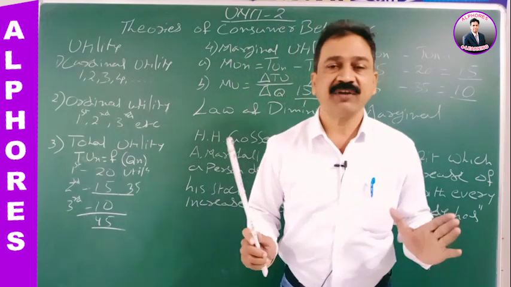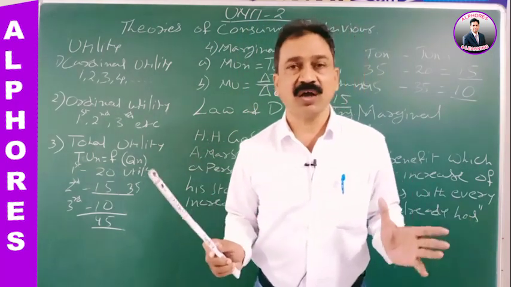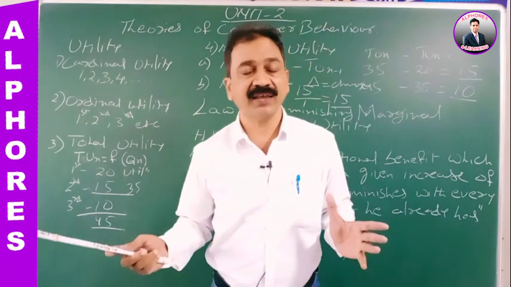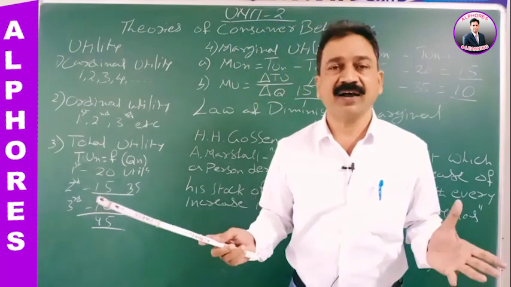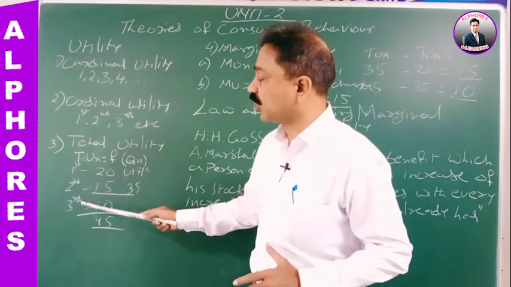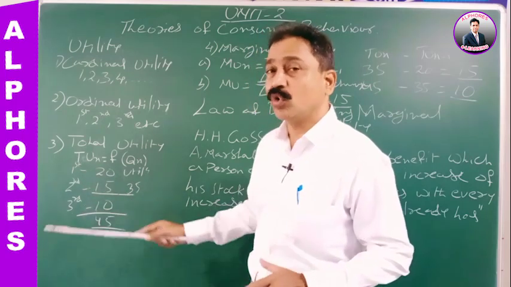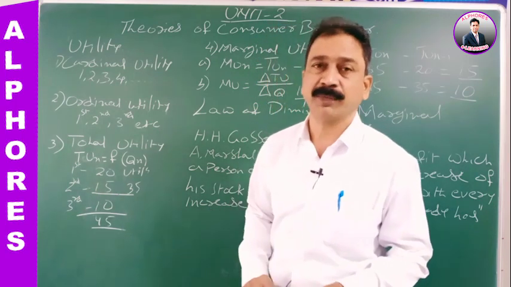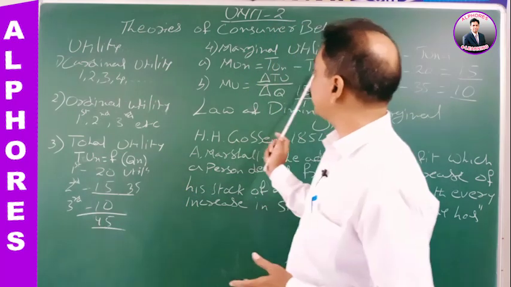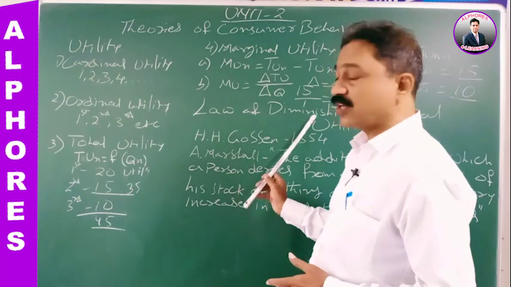The additional benefit which a person derives from a given increase of his stock of a thing diminishes with every increase in the stock that he already has. If you go on increasing the stock, the satisfaction with every increase goes on decreasing step by step. Actually, total utility increases, but marginal utility decreases. That's why this law is called the law of diminishing marginal utility.